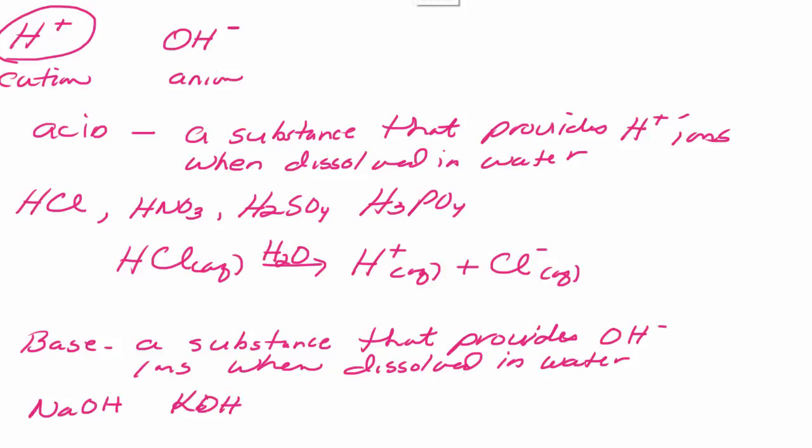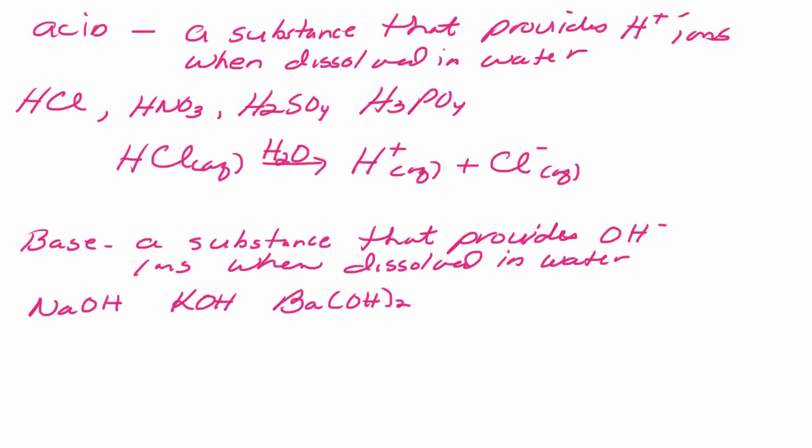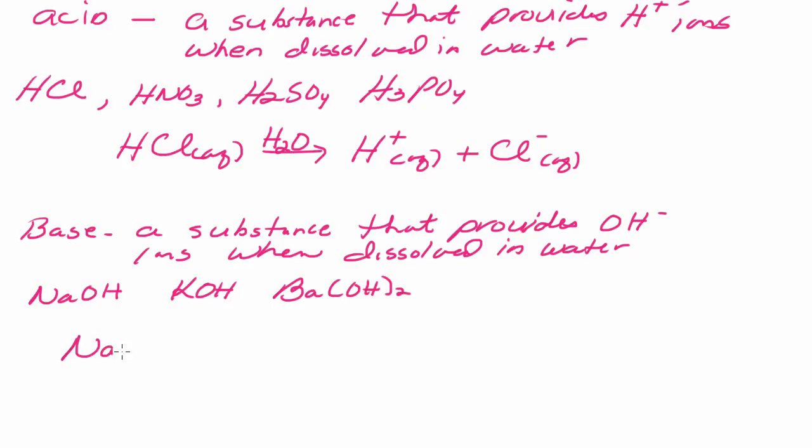Let me rewrite that for you. It's a little bit sloppy. It's hard to write neatly with this pen. Oh, let's see. Potassium hydroxide and barium hydroxide. So as you can see, if I put sodium hydroxide into water, it dissociates into sodium ions plus hydroxide ions. So I want you to know these acids and these bases.